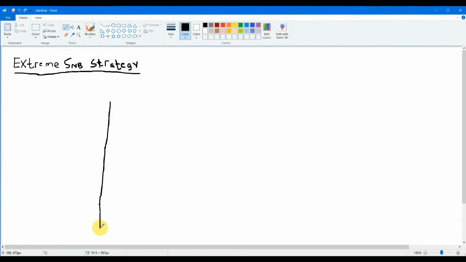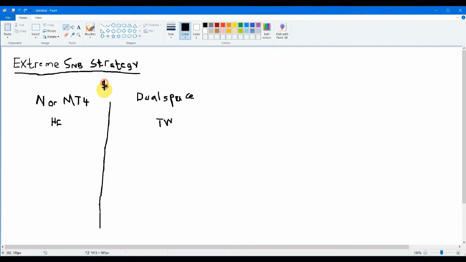Alright, so the extreme SNB strategy is similar to the mount in that you need two accounts or two MetaTrader 4 platforms. So I'm going to assume we've got the normal MT4 and the MT4 in geospace. Then we're also working with Hotforex and Traders Way.